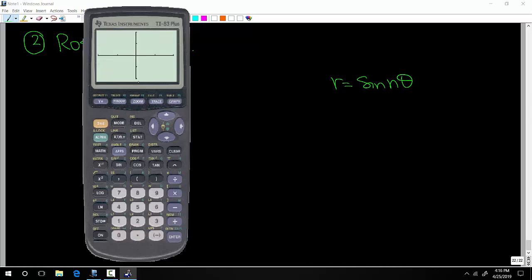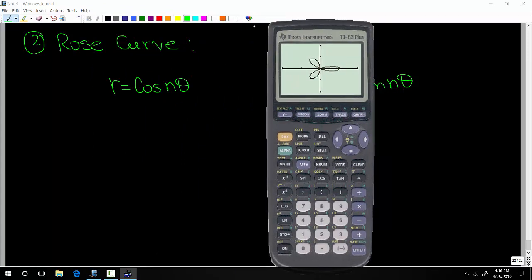Okay, and we can graph it. We only got 3 petals this time. So if n is even, we get double the petals. If n is odd, we get n petals, whatever n is. Okay, so that's what that graph looks like, and these petals are evenly spaced.